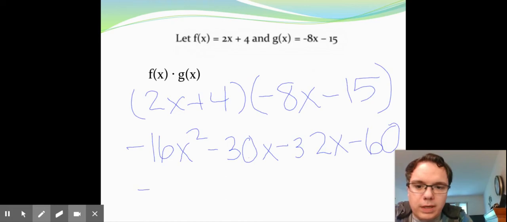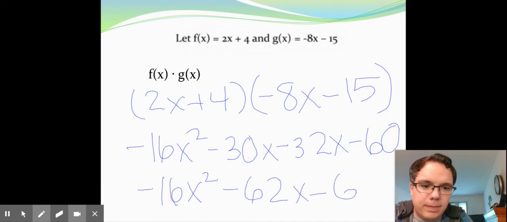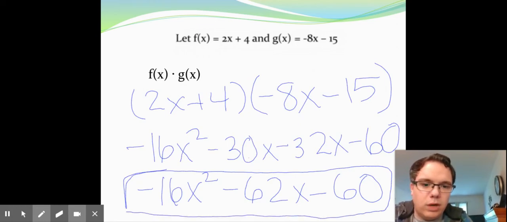So we're going to get negative 16x squared. Negative 30 minus 32 is a negative 62x minus 60. All right, so that's as simple as we can get. We have no more like terms, and our terms go in order from power of 2 to no x.